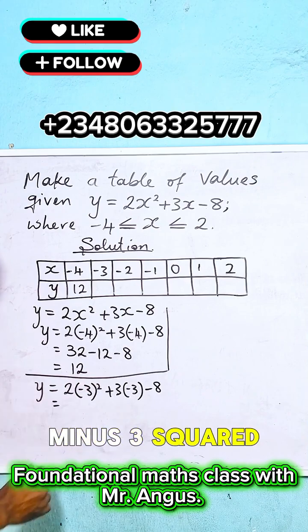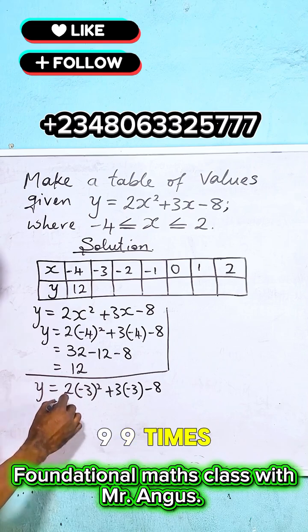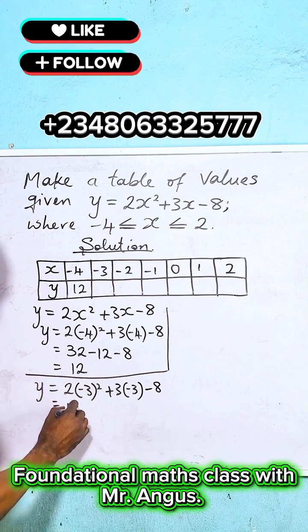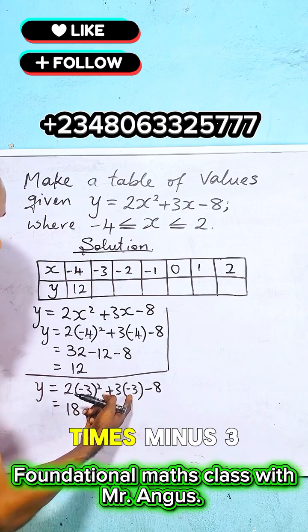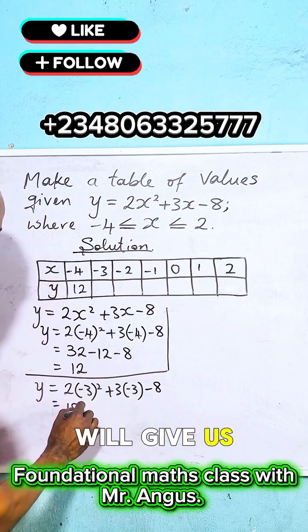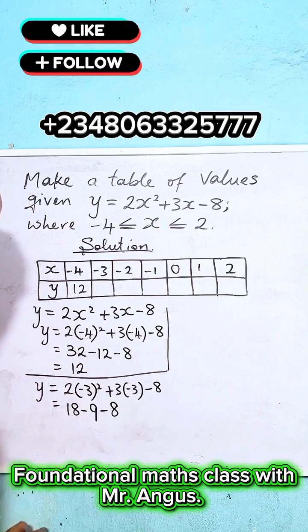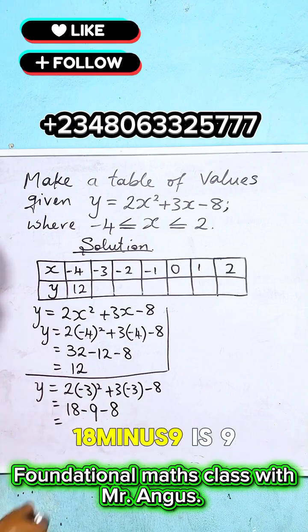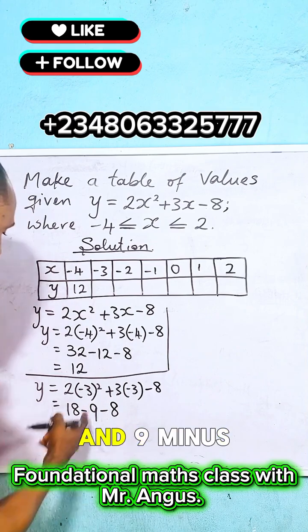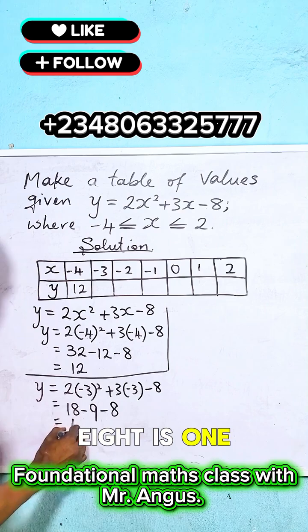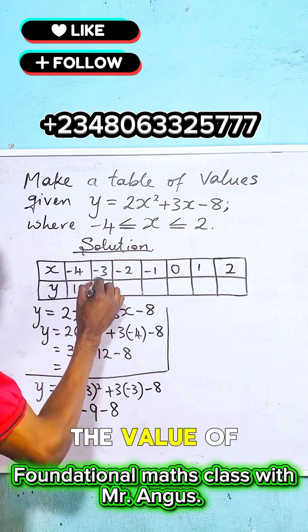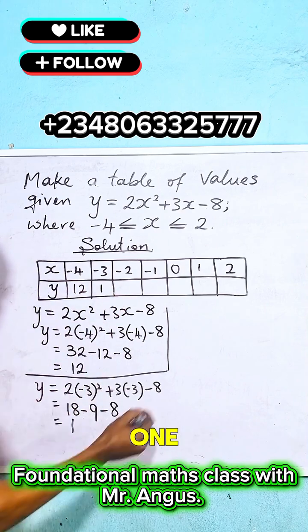Minus 3 squared will give us 9. 9 times 2 is 18. Then plus 3 times minus 3 will give us minus 9 and minus 8. 18 minus 9 is 9, and 9 minus 8 is 1. So the value of y here is 1.